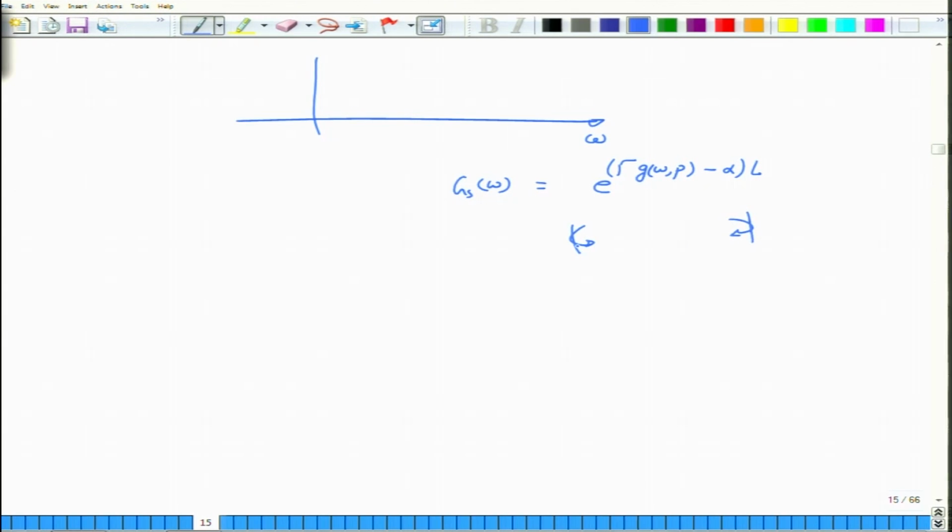Gamma corresponds to confinement, which is an overlap between the optical mode and the cavity design itself, and most importantly this is the gain medium frequency dependence. So this is where you are getting all of your gain differences.